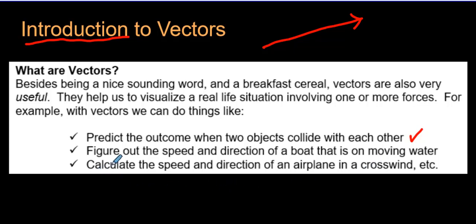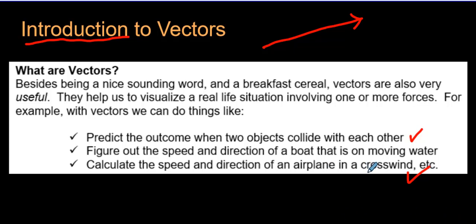The other thing is vectors will help you figure out the speed and direction of a boat or an airplane that's moving on water or through the air. So an airplane, for example, is getting hit by crosswinds. When I'm flying between Toronto and Calgary, for example, I noticed that it's actually quicker to go from, I believe, Calgary to Toronto.